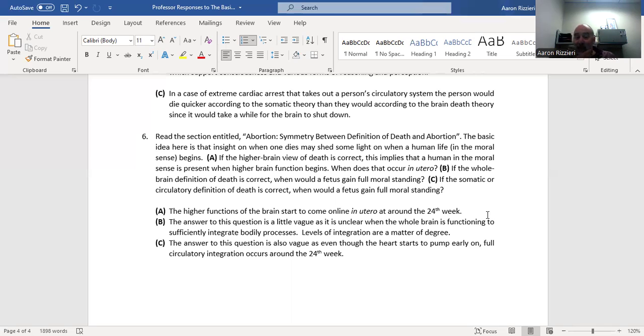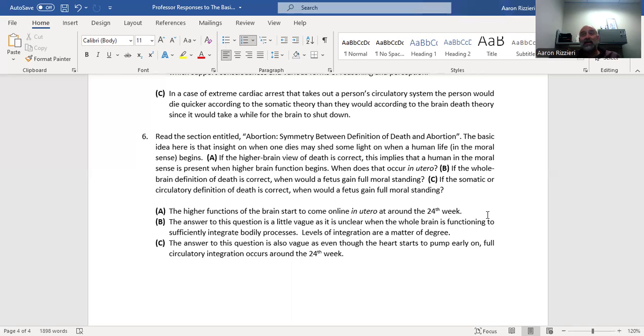Part B is, if the whole brain definition of death is correct, when would a fetus gain full moral standing? And the textbook notes that the answer to this question is a little vague, as it is unclear when the whole brain is functioning to sufficiently integrate bodily processes. Levels of integration are a matter of degree.